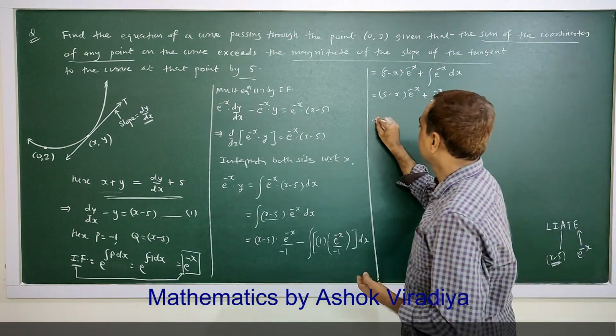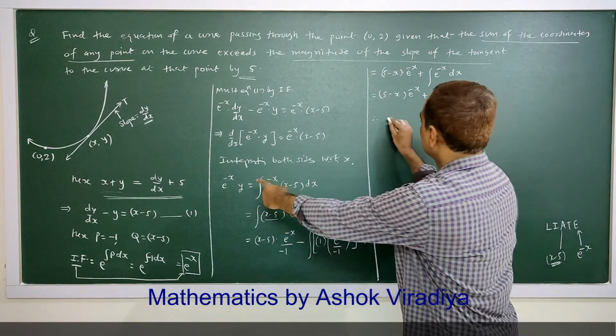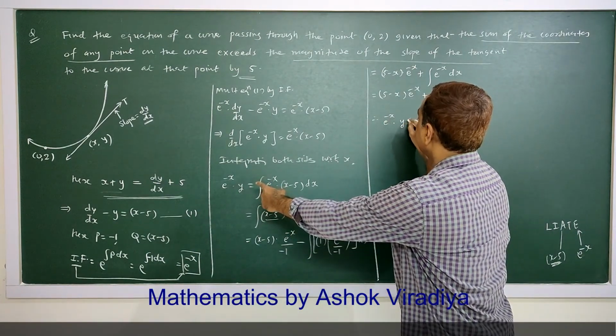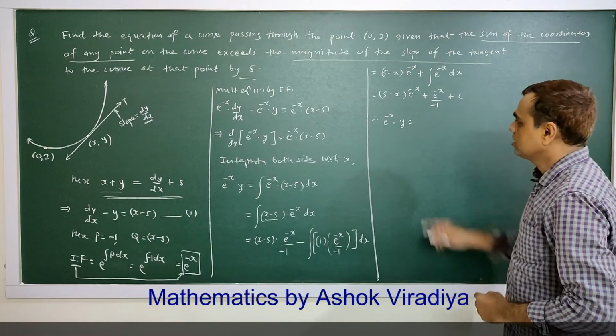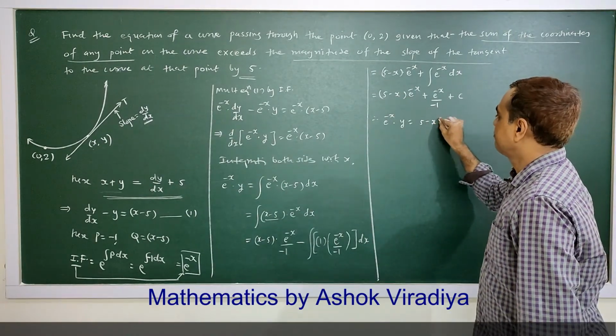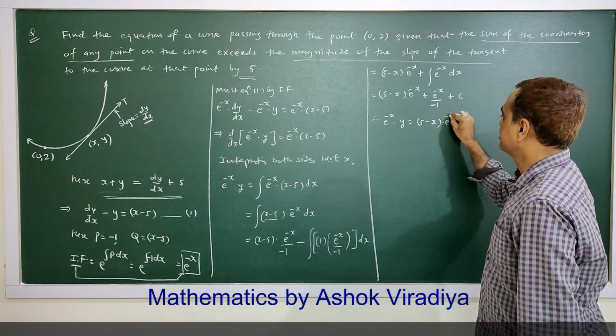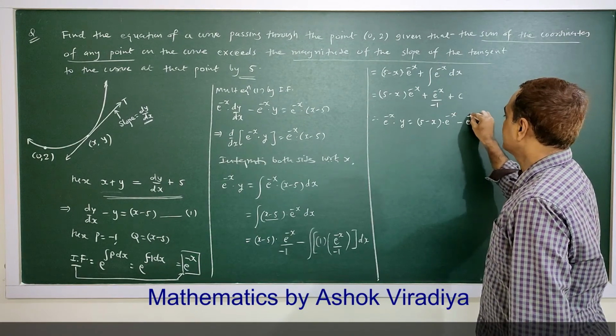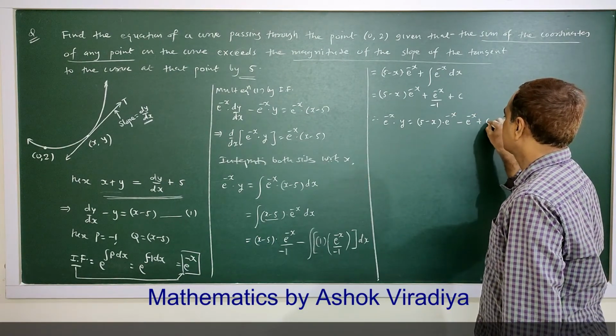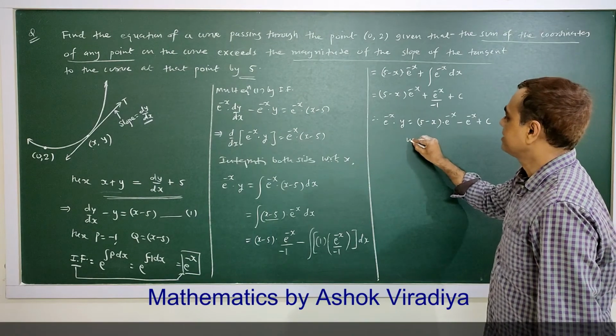So therefore e raised to minus x into y is equal to, we have obtained, 5 minus x into e raised to minus x minus e raised to minus x plus c, where c is arbitrary constant.